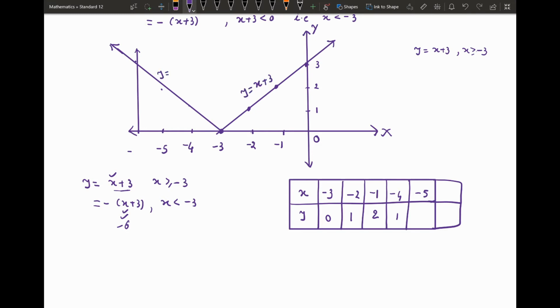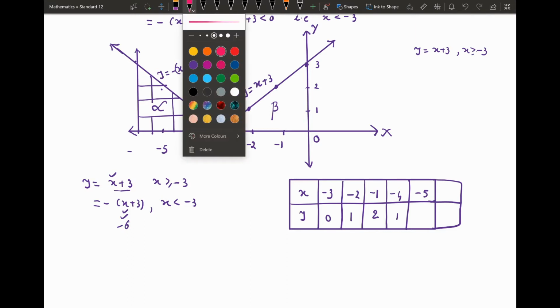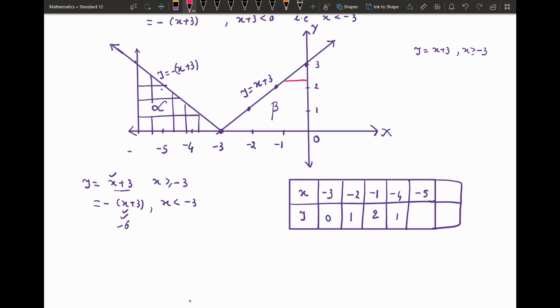Here y equals x plus 3, and here y equals minus x plus 3. If we denote this portion alpha and this portion beta, then we have to find the area of alpha plus beta. In other words, we have to evaluate the integration from minus 6 to 0. So we will divide it into two parts: one part for alpha and another part for beta. This one is beta.